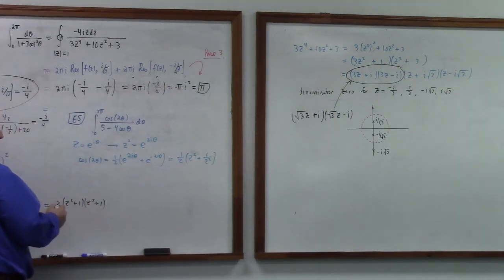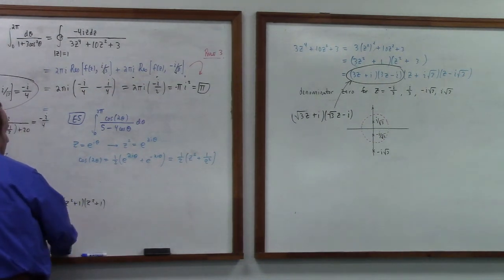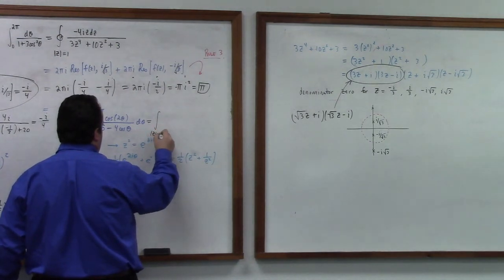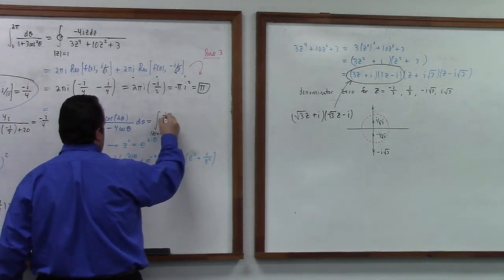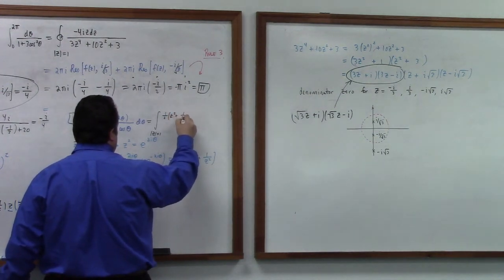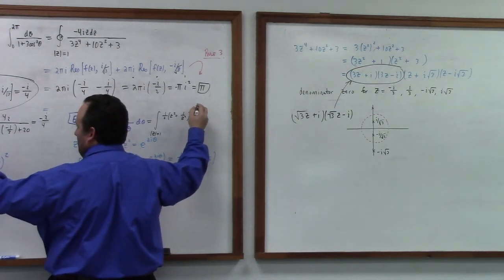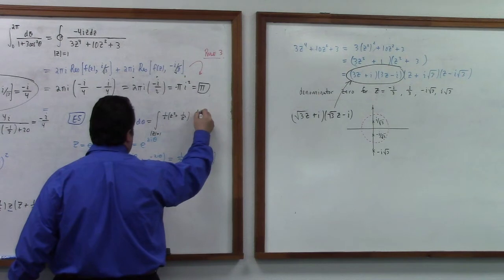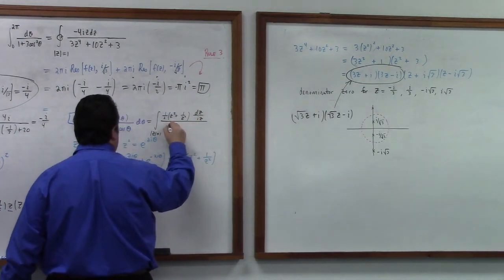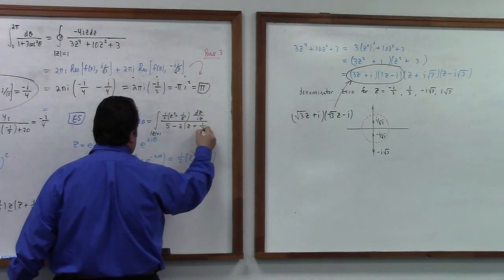And so the integral we're facing converts to an integral over the unit circle. The cosine 2 theta becomes 1/2 of z squared plus 1 over z squared. The d theta becomes dz over iz. And our denominator here becomes 5 minus 2 times z plus 1 over z.